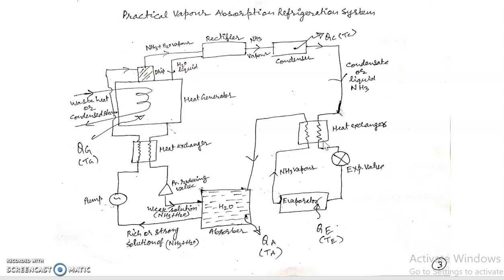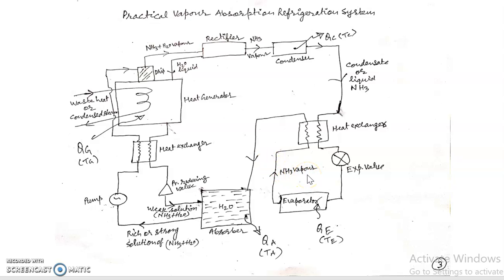After the heat exchanger, this condensate is passed through an expansion valve where its pressure reduces, and then it is sent to the evaporator. The evaporator absorbs heat from the system which is to be cooled, and the liquid ammonia, which was at low temperature and low pressure, is converted to ammonia vapor.